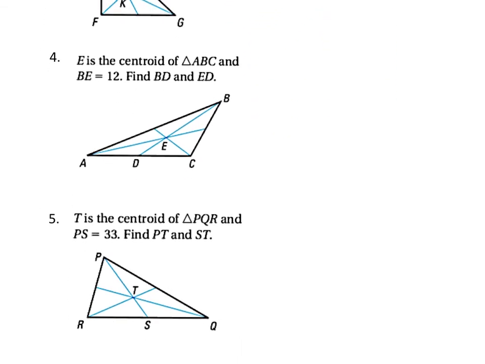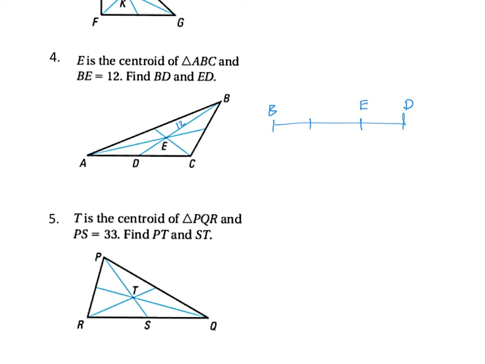Okay. E is the centroid of ABC, and BE equals 12. This part here is from the vertex to the centroid. If I drew a picture of B and broke this up into thirds, E would be here, because that's the bottom third. That is my centroid.